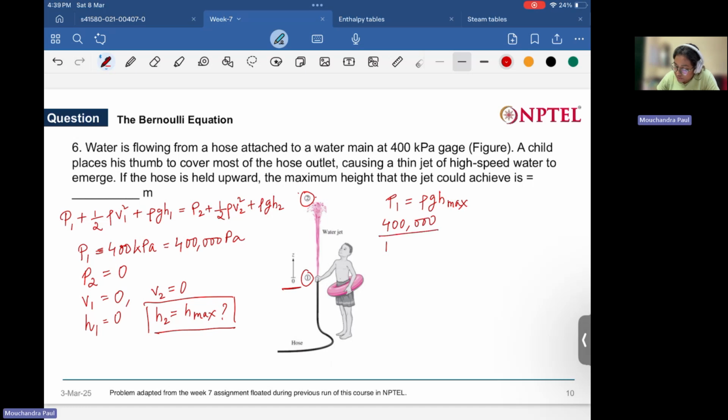Rho is the density of water, 1000 kg per meter cube, and acceleration due to gravity is 9.8 meter per second square. This will be the value of H max.